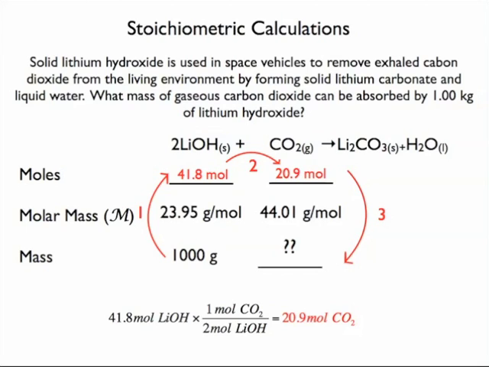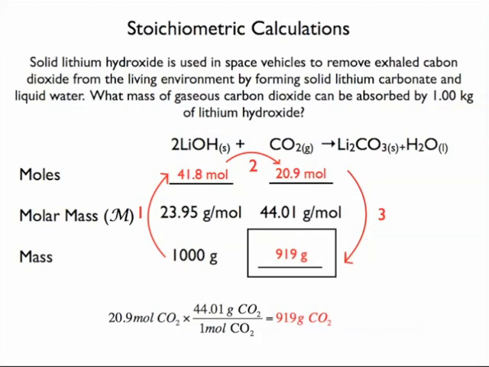Okay, go ahead and pause again and calculate the mass of carbon dioxide. So the mass of carbon dioxide you'll calculate by multiplying by the molar mass to give you 919 grams of carbon dioxide. And that solves this problem.